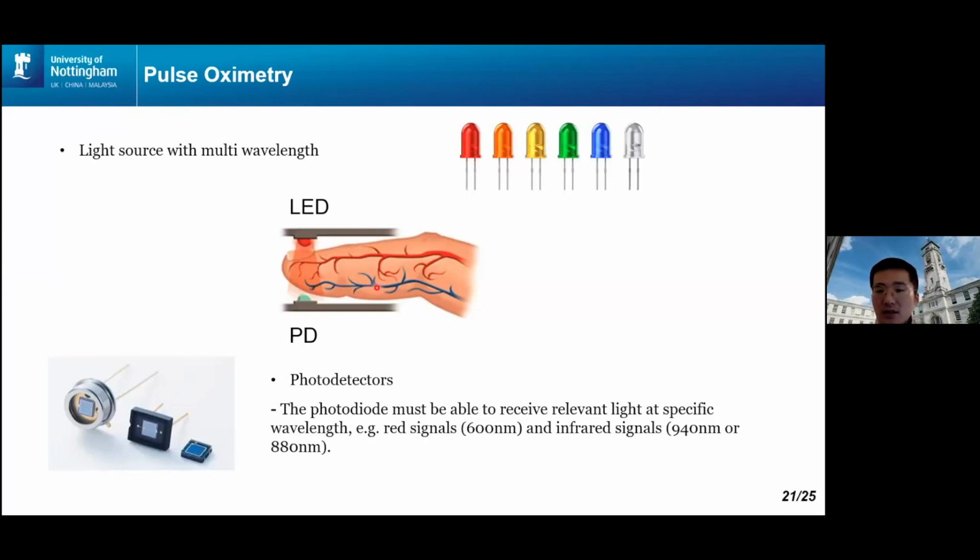Then we just need to do some further experiments to assemble those two components to acquire good quality PPG signals. And then, doing a lot of data analysis afterwards, you will get your pulse oximeter.